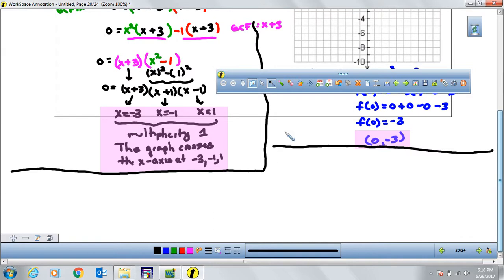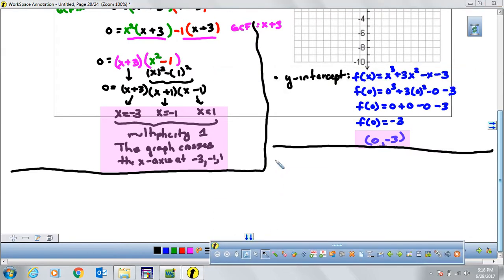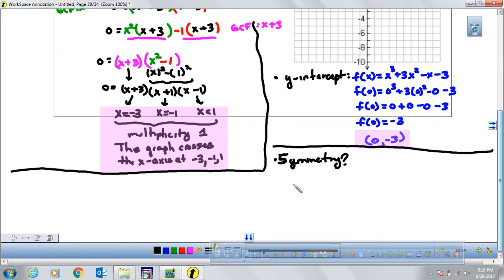Number 4, how do we determine the type of symmetry that this function has? To determine the type of symmetry, we have to change every x in the function to a -x. So we're going to replace every x with a -x.